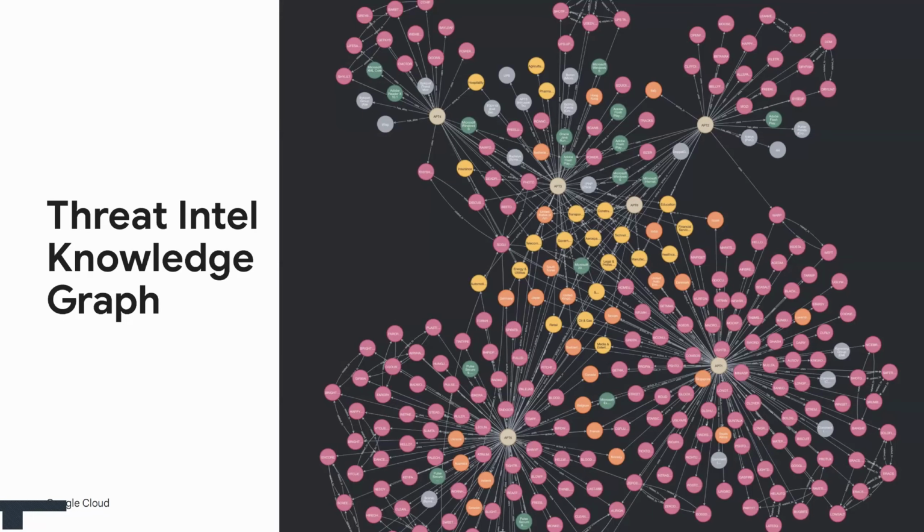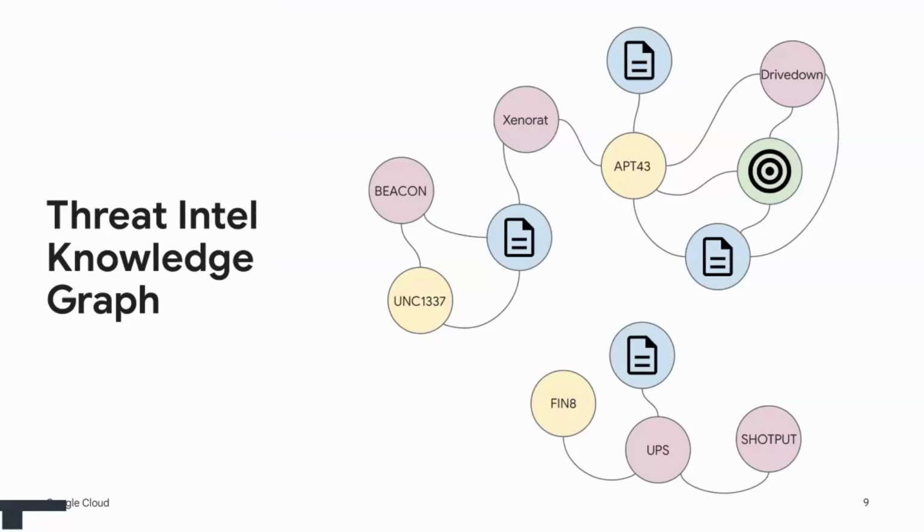So let's take a step away from this detailed graph picture and abstract to this cartoon graph, right? Essentially what we have is a little sample from the graph. We have our threat actor nodes in beige, right? They're related to various malware families in pink, different reports, campaigns, et cetera.